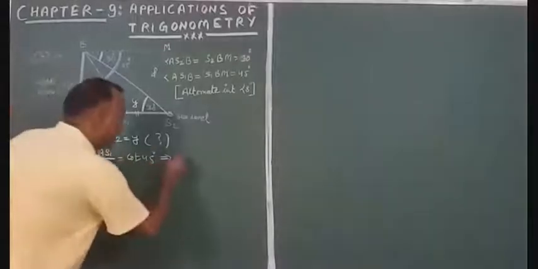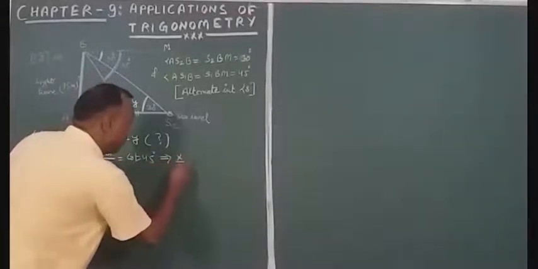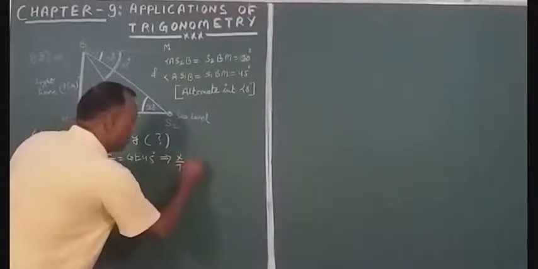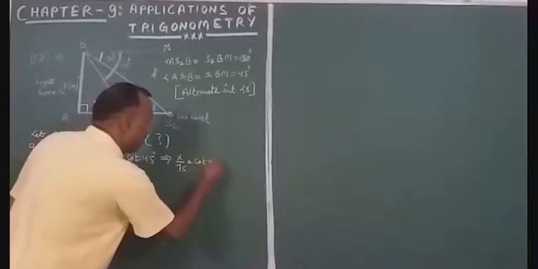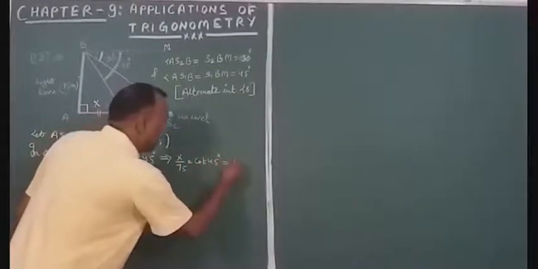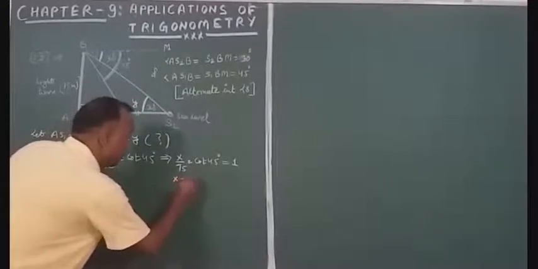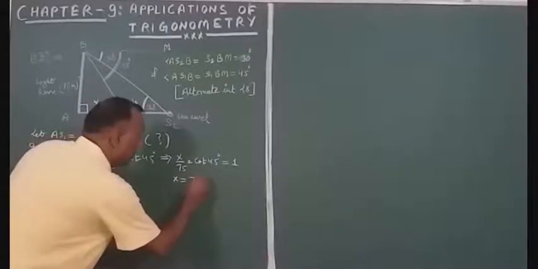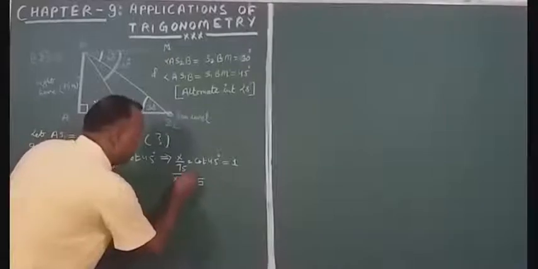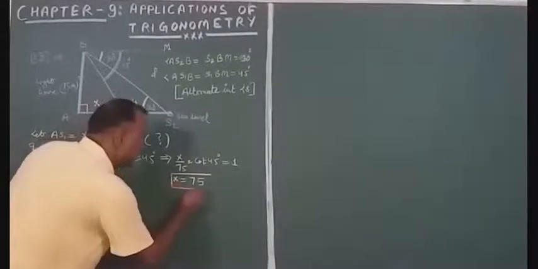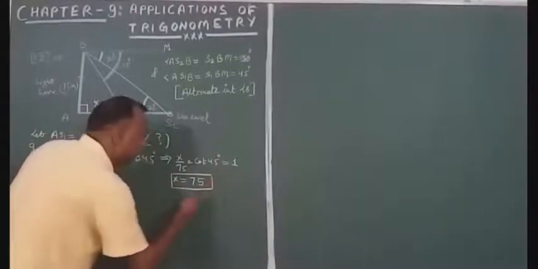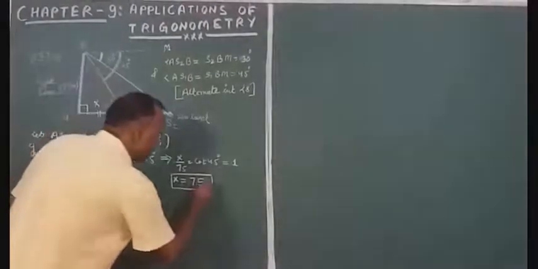X upon 75 is equal to cot 45, cot 45, which is always 1. So therefore X will be 75 meter. What is the value of X? 75 meter.